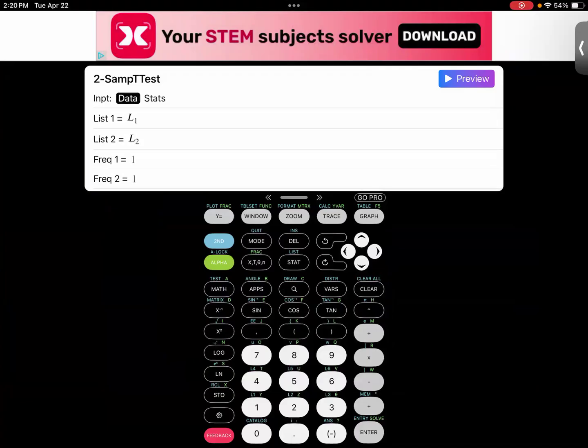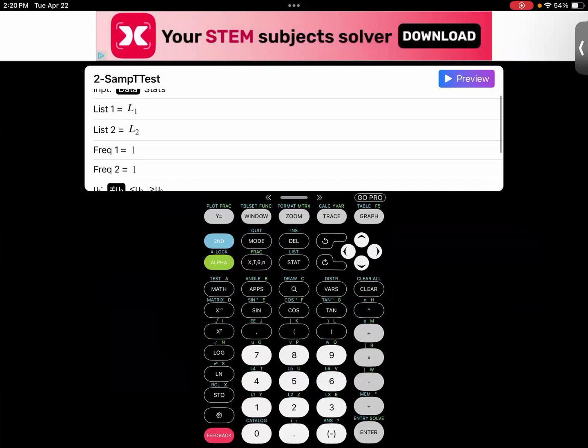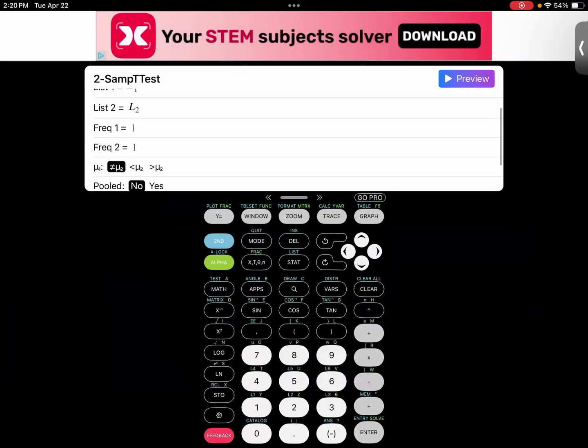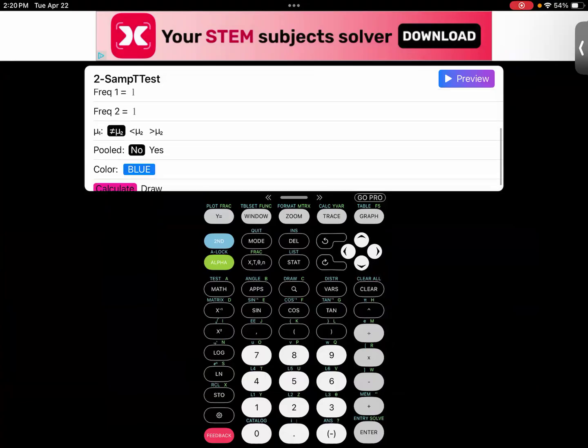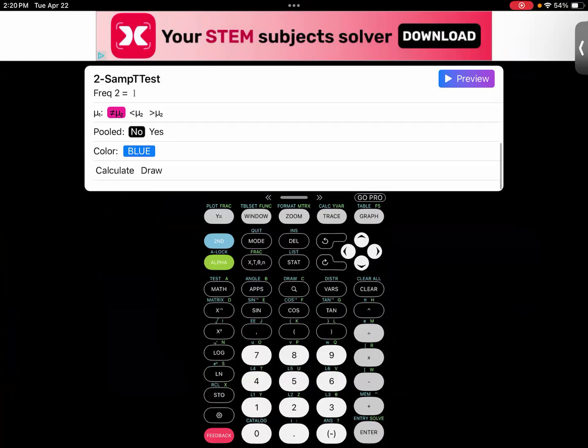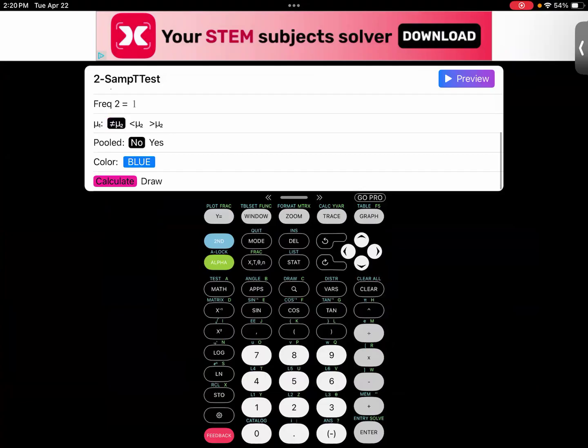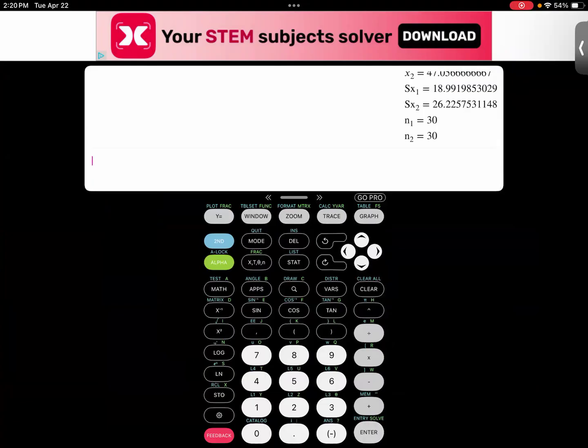Make sure you have list one and list two accurately put down. Frequency is always going to be one. And here's where you choose your inequality. Since our alternative hypothesis was mean one doesn't equal mean two, we choose the not equal to option. Pooled is always no. Then we hit calculate and hit enter.